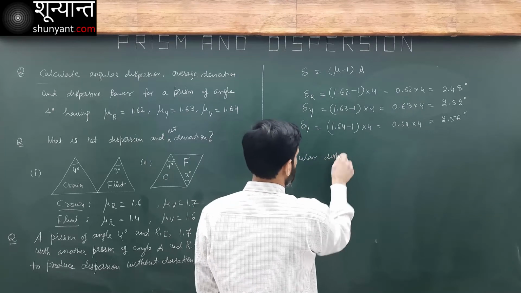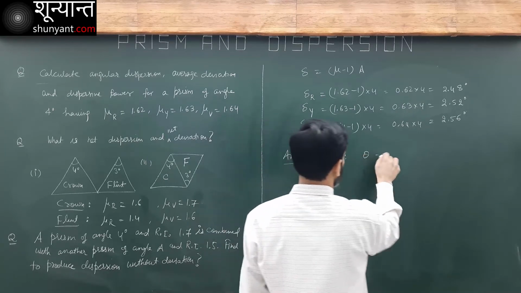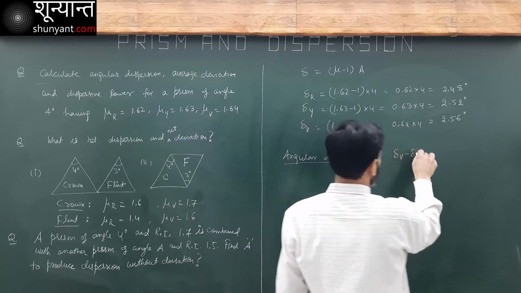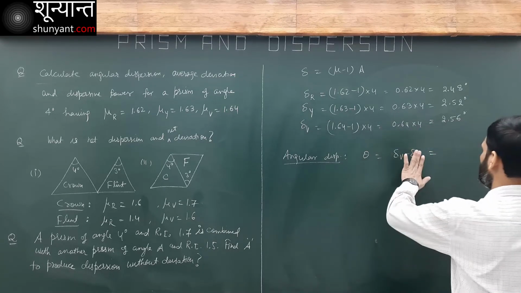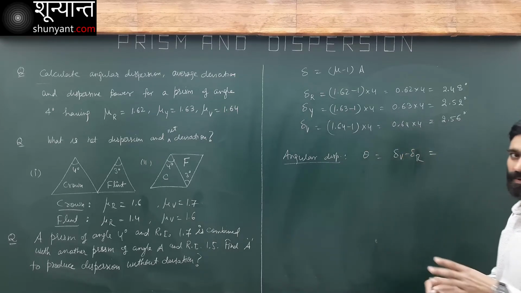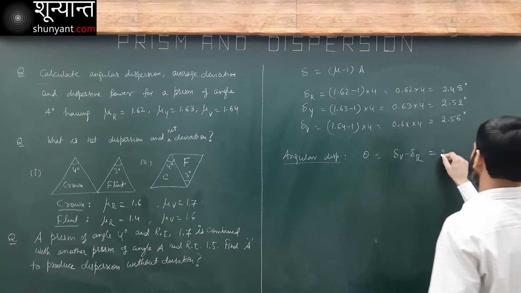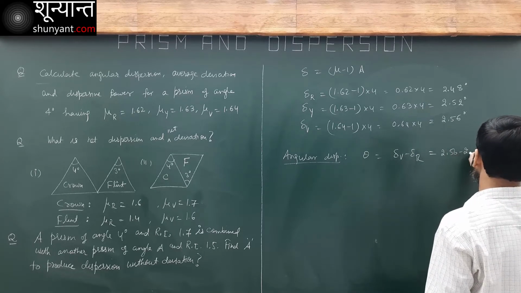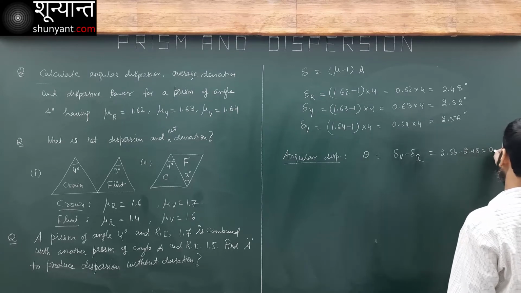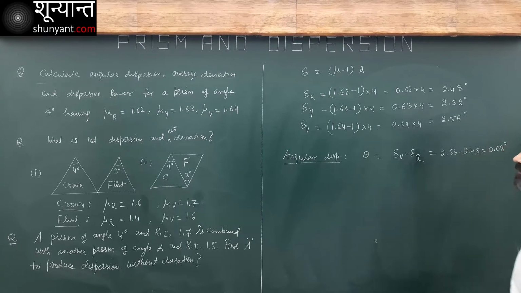Now angular dispersion, theta is equal to delta V minus delta R. Angular dispersion is the angle in which all the rays are present, the angular spread. So 2.56 minus 2.48, 0.08 degree.